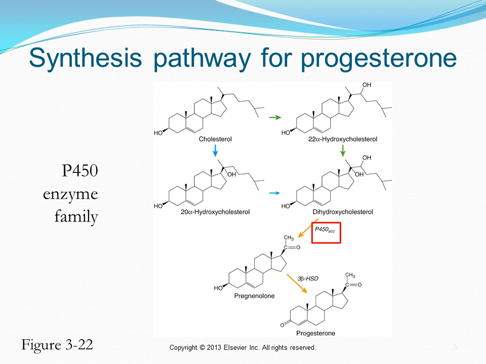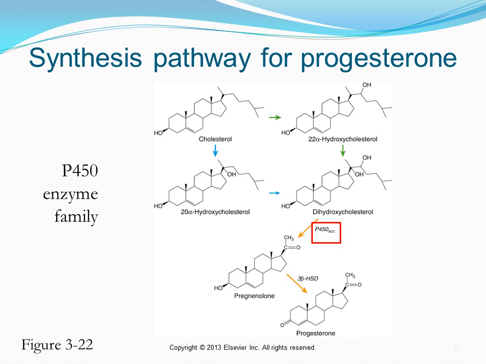I highlighted in red here, and in the next slide, all the spots where we see these different variations of an enzyme of P450, and that the enzymes are really important and generally the limiting factors when it comes to converting into these hormones.